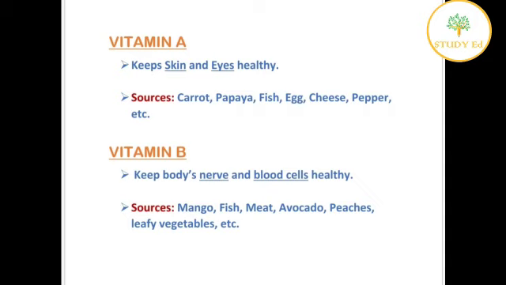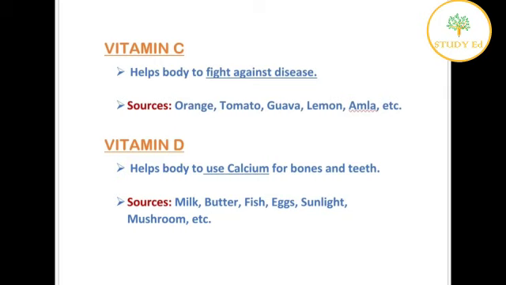Sources of vitamin B are mango, fish, meat, peaches, leafy vegetables, avocados, etc. Vitamin C, it helps our body to fight against diseases, and the sources for vitamin C are orange, tomato, guava, lemon, amla, all the citrus fruits, etc.